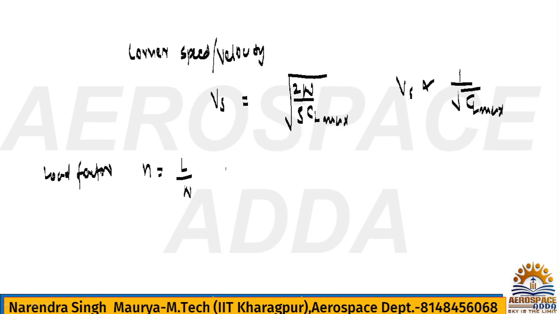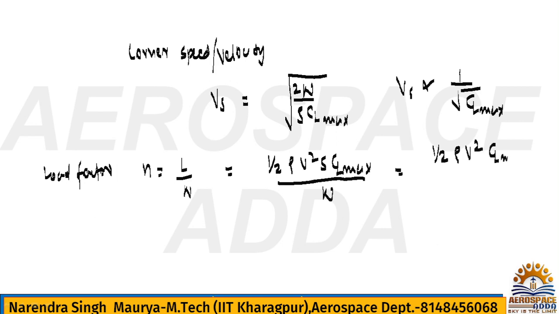If you write this value, it is nothing but half rho V square S into CL max, because at point Q the aircraft will be operating at CL max. So the lift formula with CL max, divided by weight, you can say half rho V square CL max divided by W by S. W by S is nothing but wing loading.